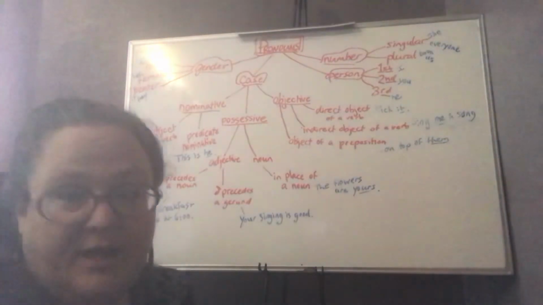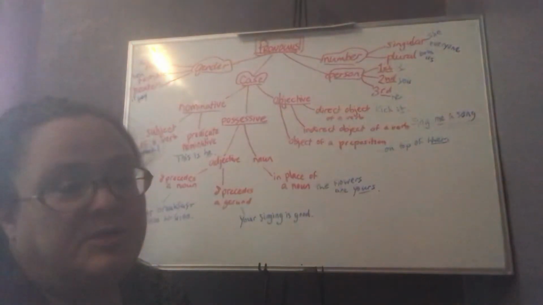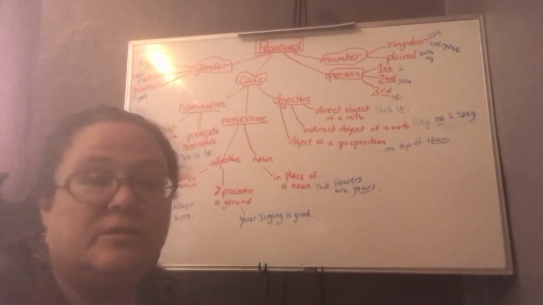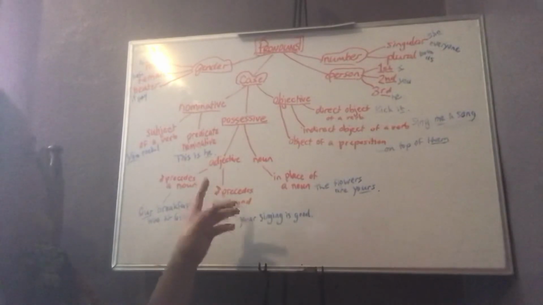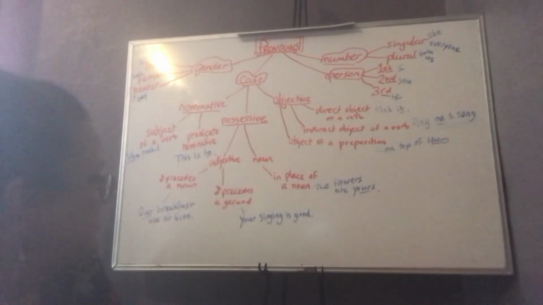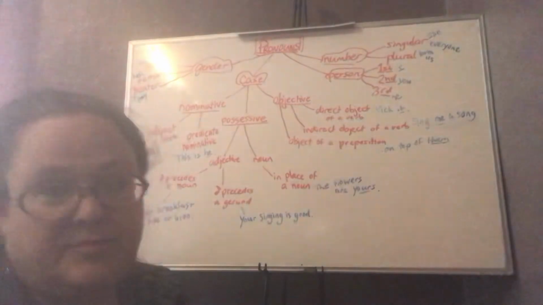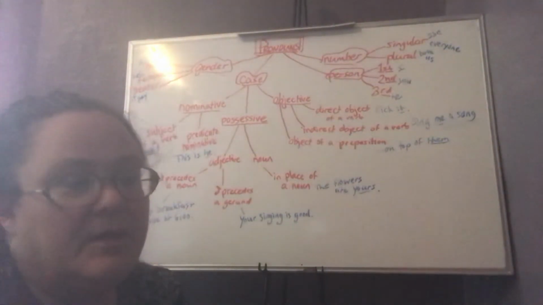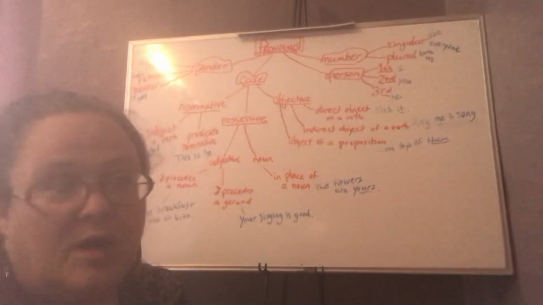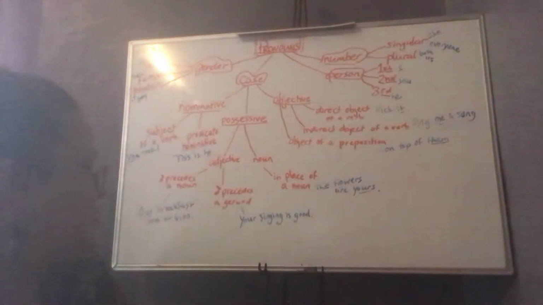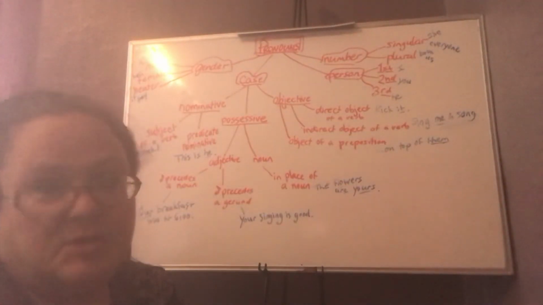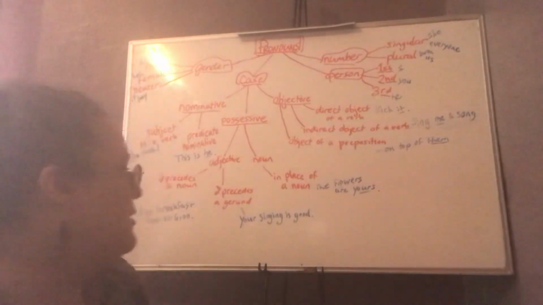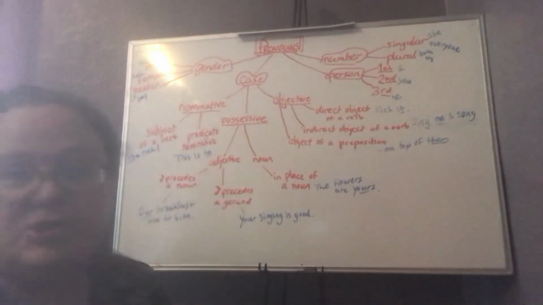And then the other case is possessive. Possessive is the one that shows ownership or possession of something or someone. So there are two kinds of possessives. One is the adjective and the other is the noun. The adjective is much more common, usually precedes the noun, whether it's a regular noun or a gerund.